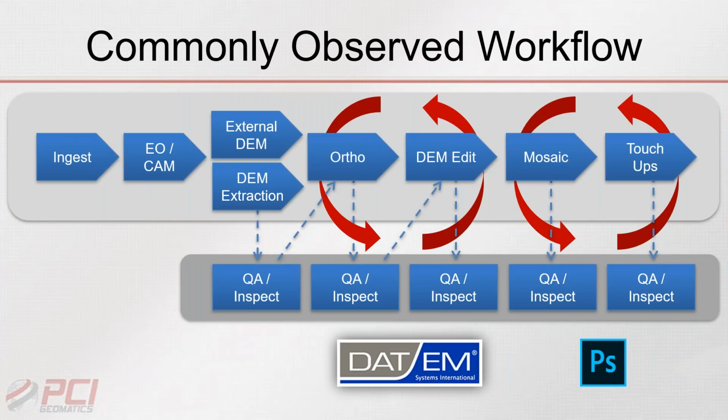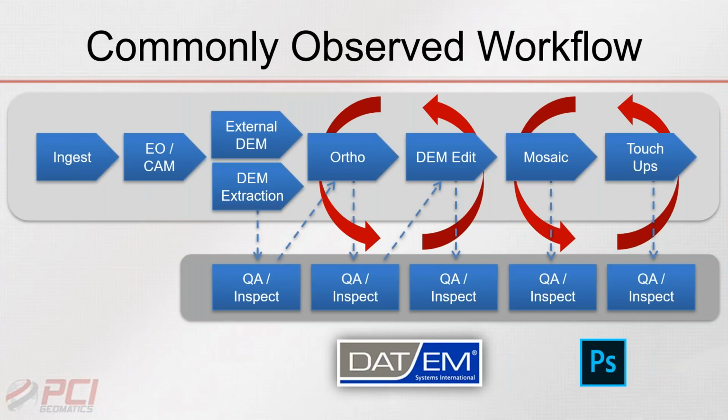They would use exterior orientation, otherwise known as EO, and camera calibration to start the aerotriangulation process, or use the existing EO and camera calibration as the final point for the aerotriangulation. Then they would either use an external DEM or extract a DEM from the stereo in the data. And before going to the ortho step, they would inspect that DEM to ensure that it doesn't have any major blunders and won't cause any artifacts in the ortho imagery.